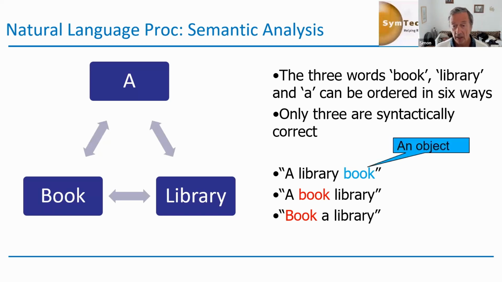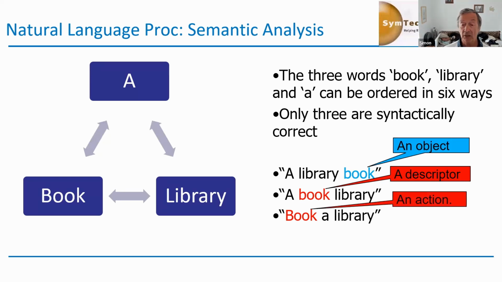In other words, the word book, I want to refer to it as an object, a thing, a book. I don't want it to be a descriptor, a type of library. Similarly, I don't want it to be an action that is acted on the library. Okay, so it's syntactically correct, but semantically, only one of these 3 is correct.